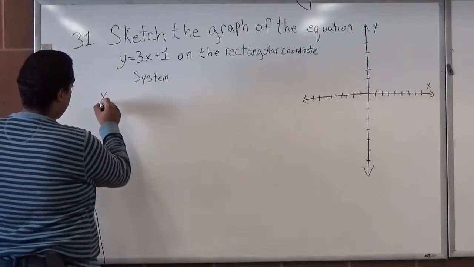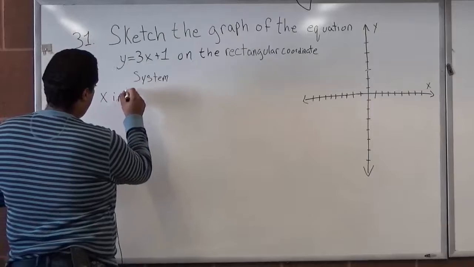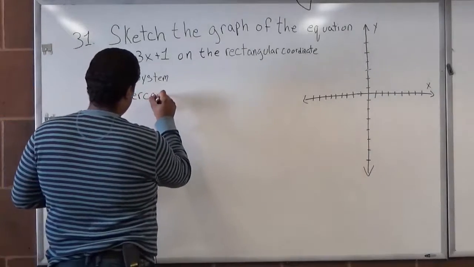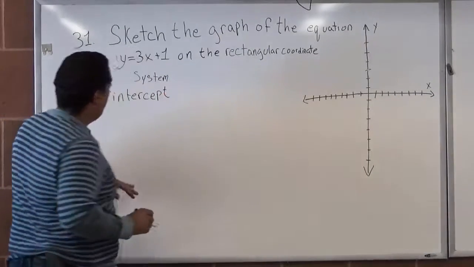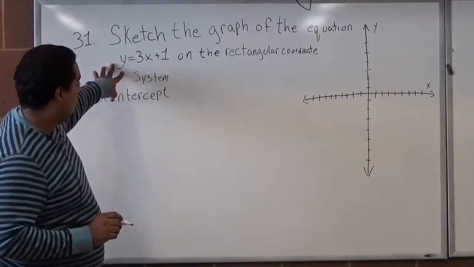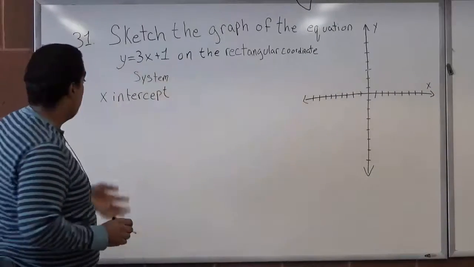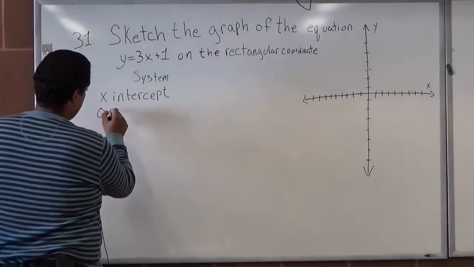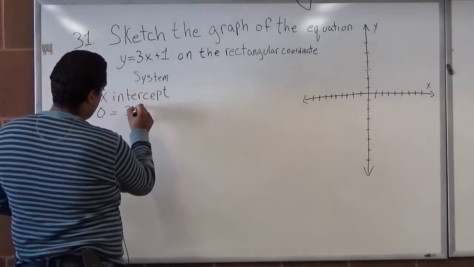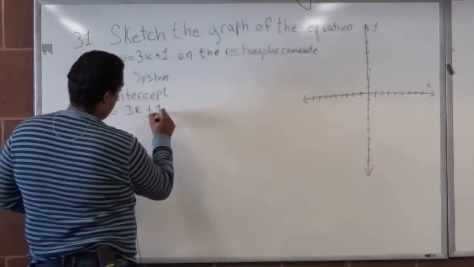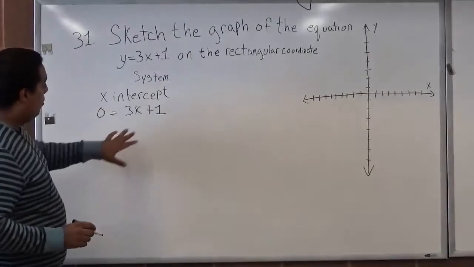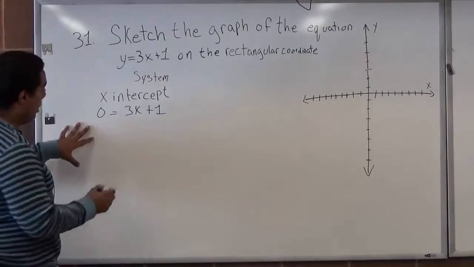Our x-intercept is when y equals 0. So we're going to set y to 0 and solve for x. So 0 equals 3x plus 1. And we'll subtract 1 from both sides.